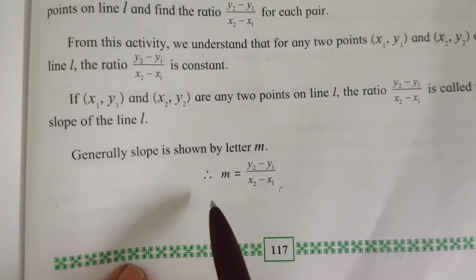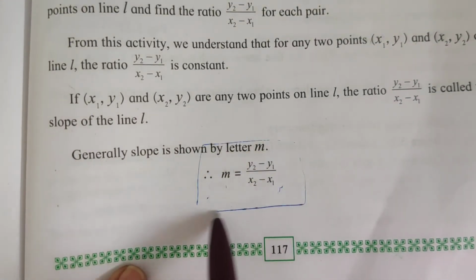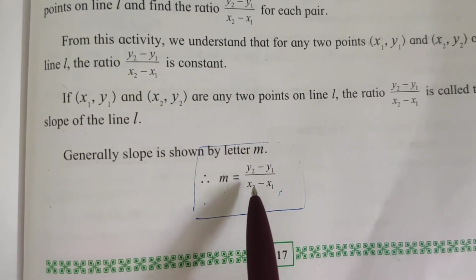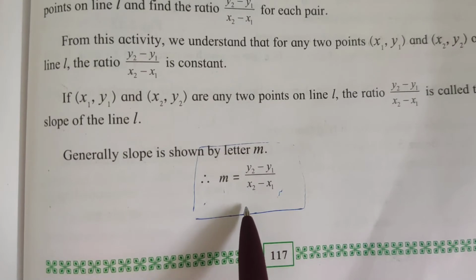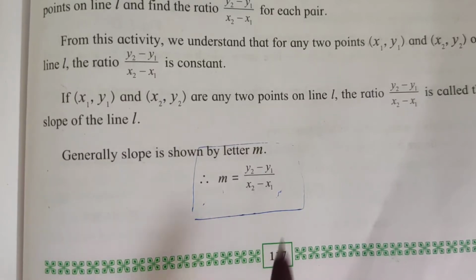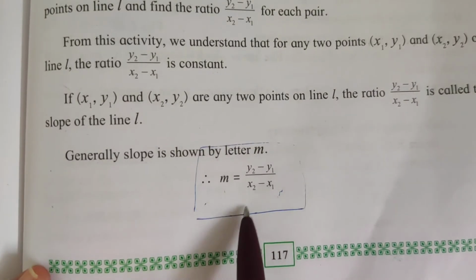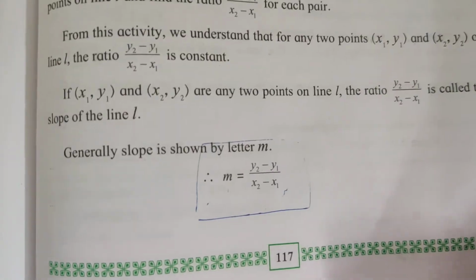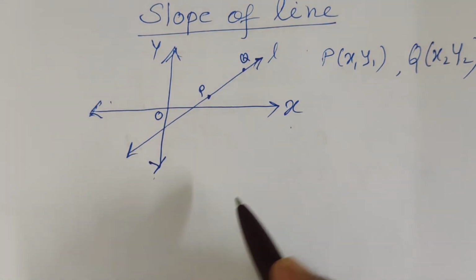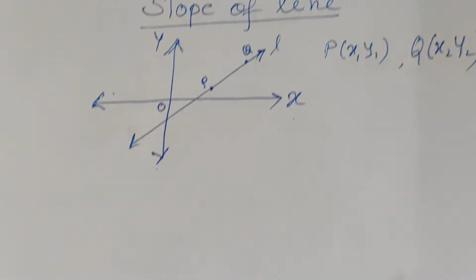For us, this formula is important. The slope of the line we can find out with this formula: y2 minus y1 upon x2 minus x1. With this formula we have to find the slope, and this formula is important for us. So from this we get the slope formula.